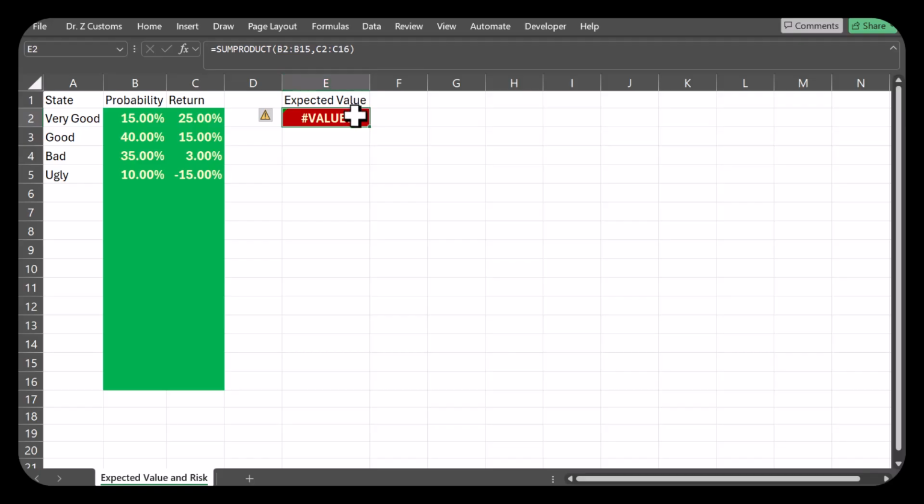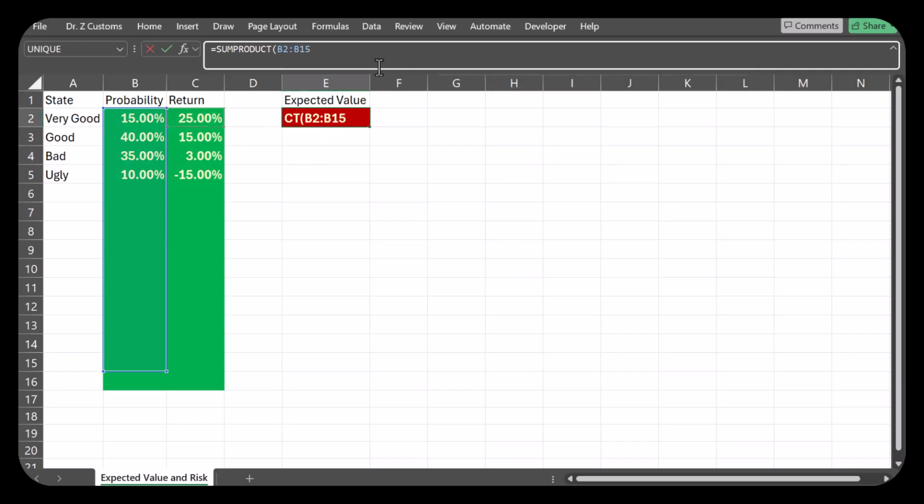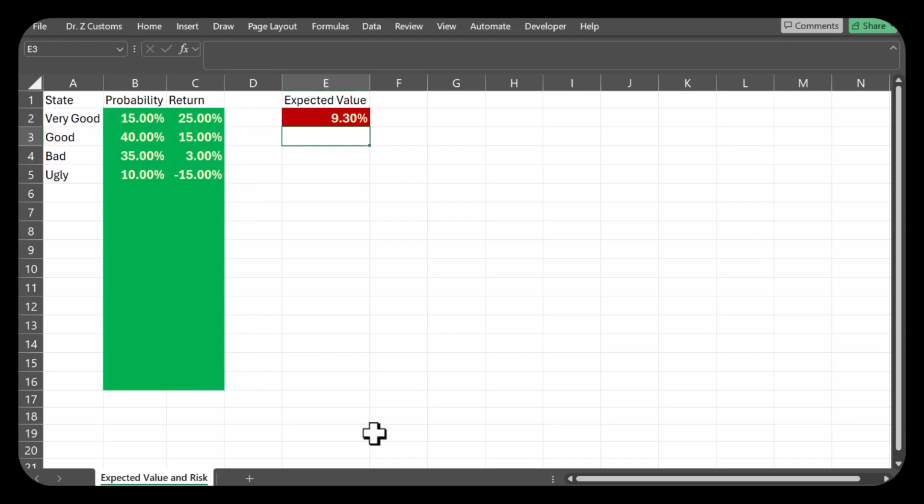Let's do it again. Okay. If I change the probability or returns, it automatically updates itself.